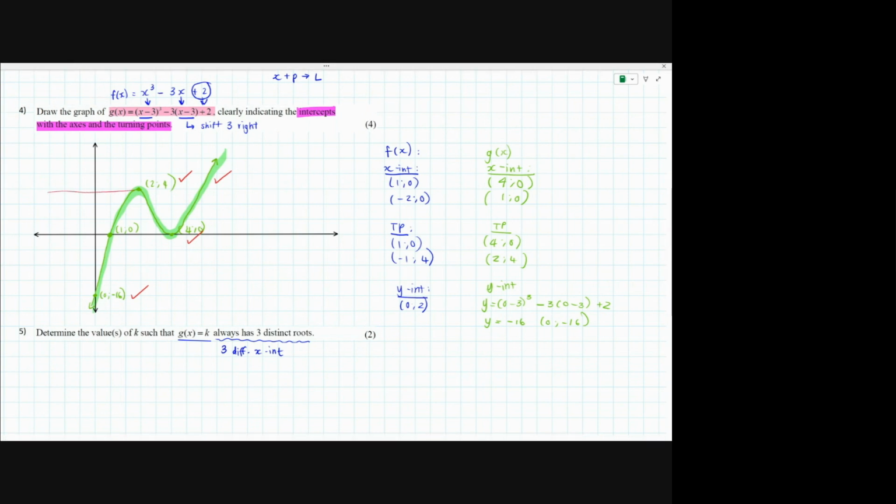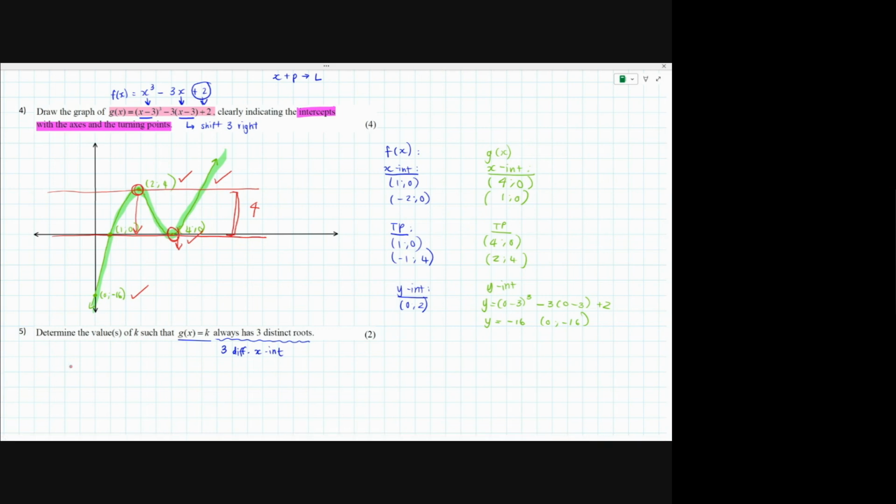I'm just going to draw these lines in because these are my parameters. I definitely need to move this down so that this 1 x-intercept becomes 2, but I don't want to move too far down so that this x-intercept now sits on my x-axis. If you have a look at the distance here, from turning point to turning point, that is a distance of 4 units, just vertically up.